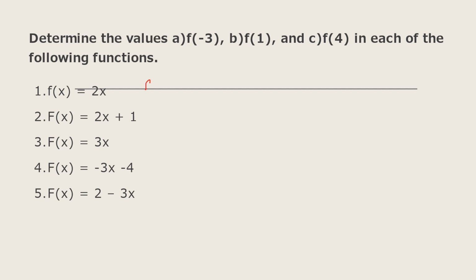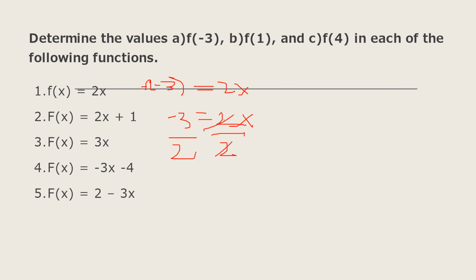So we have, for example, let's try f is negative 3 is equals to 2x. So we have negative 3 is equals to 2x divided by 2.